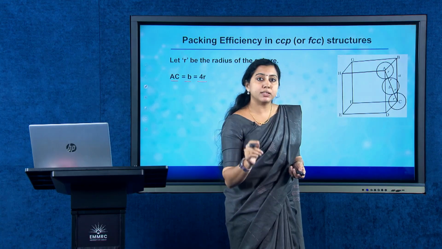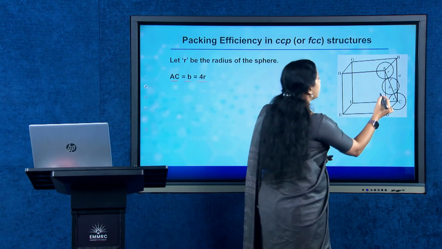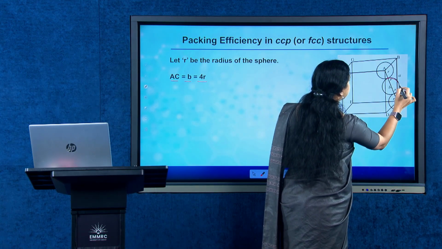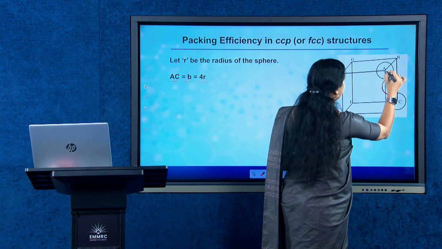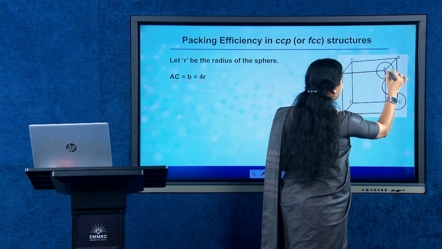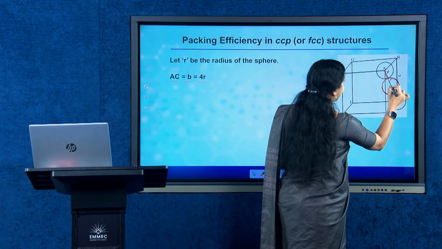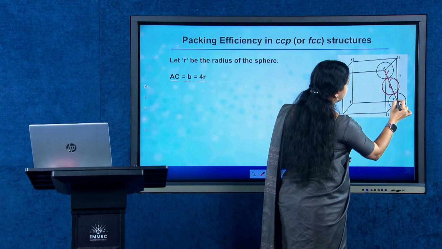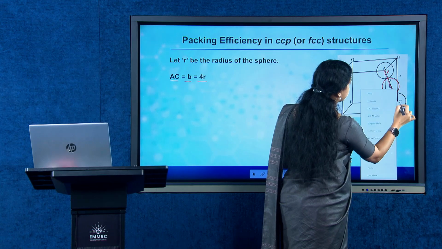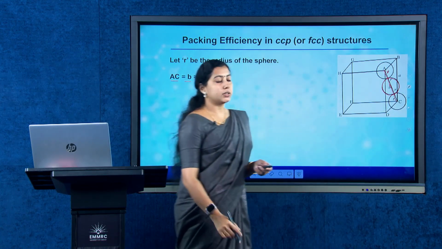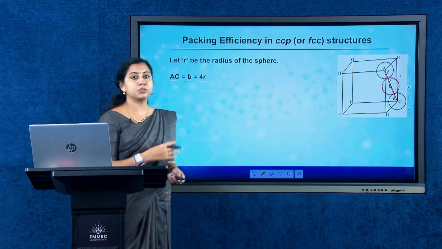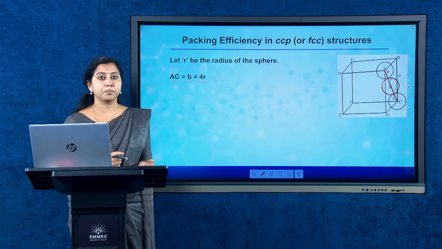The radius of one sphere is R. If we look at the middle sphere, it is touching the 2 other spheres. Here it is R, at the middle sphere it is 2R, and in this sphere it is also R. So, R plus 2R plus R gives rise to 4R.